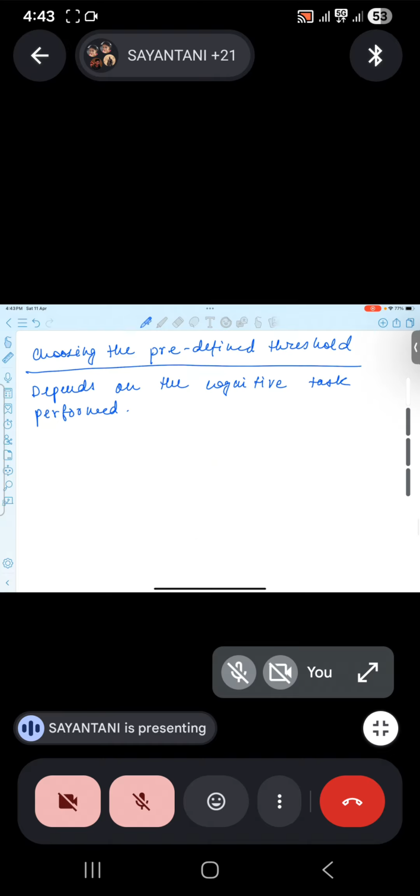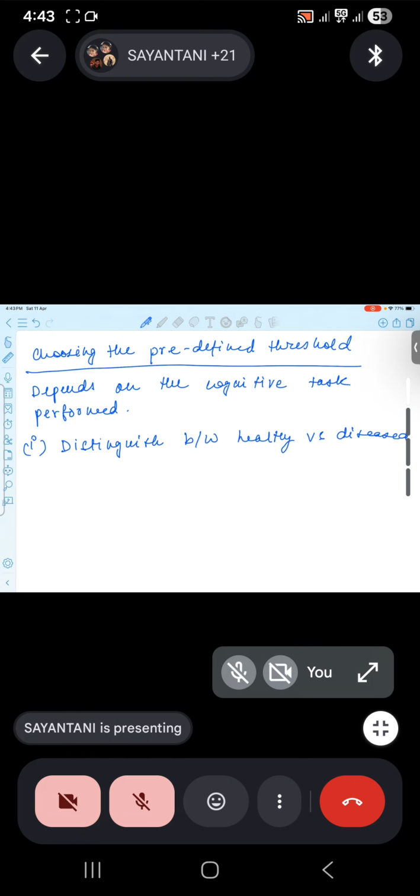Under this, I can broadly have two scenarios. First one is that if I have to distinguish between healthy and disease subjects, via clustering or classification, whatever it is, then generally you can keep any value of tau.